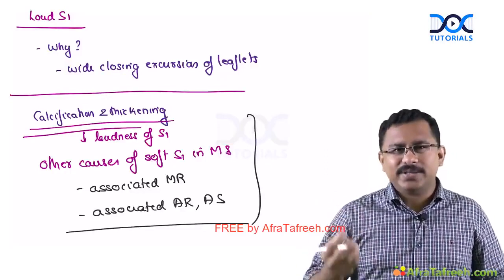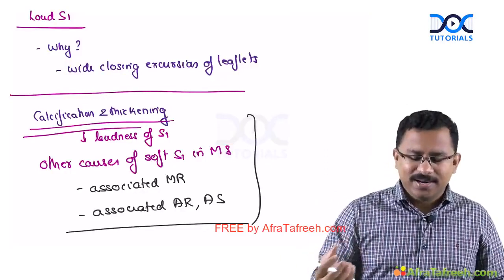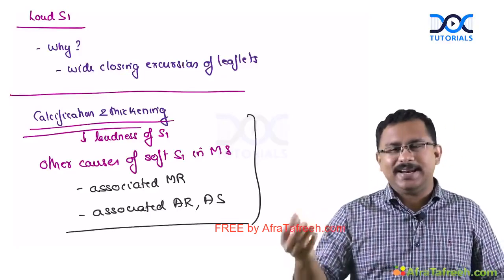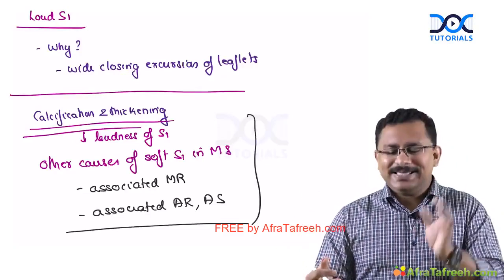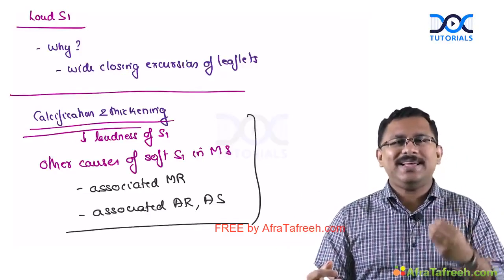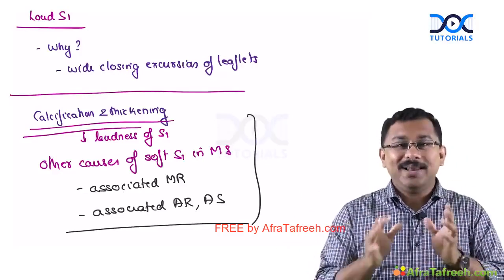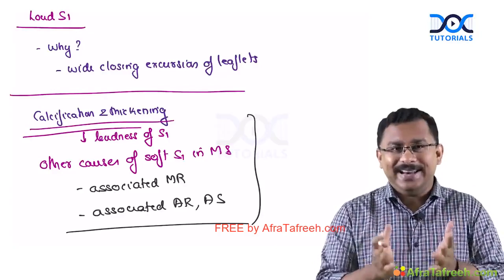So with associated MR, AR, or AS, you can have a soft S1. Basically the loudness of S1 is related to the mobility of the mitral leaflets.